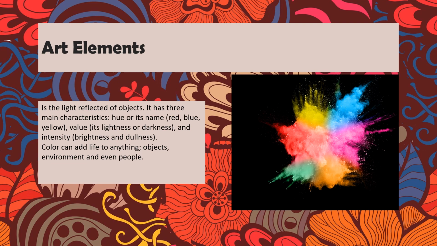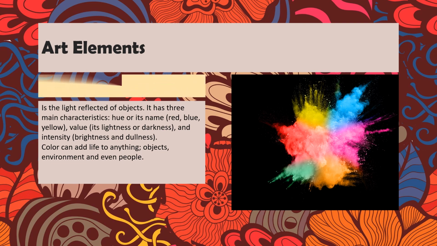Then we have color. Color is the light reflected off objects. It has three main characteristics. First, we have hue, or its name, like red, blue, yellow.